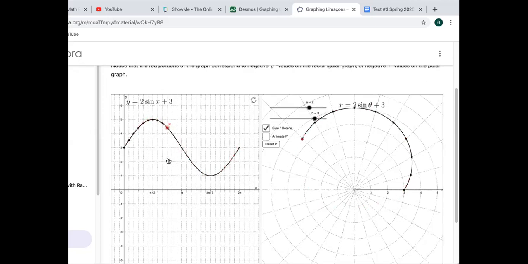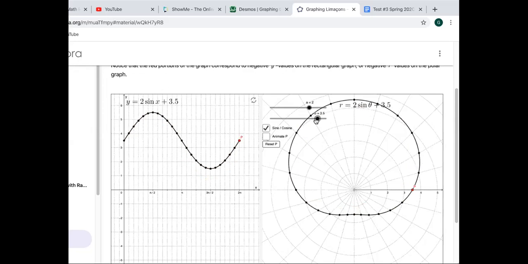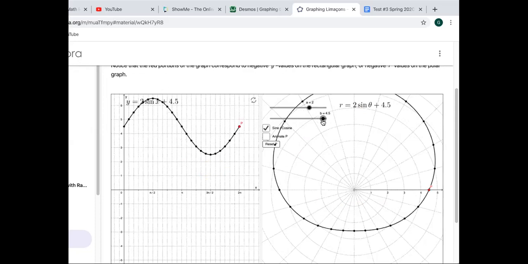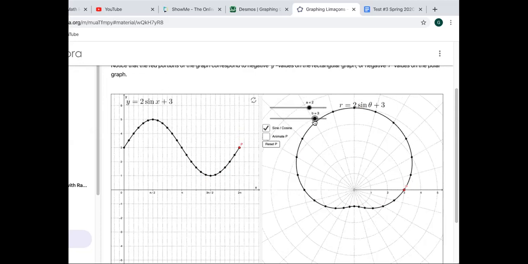It's kind of like a circle or ellipse or something. And if I change this b value to be bigger, it becomes more like a circle, less dimpled, but it still is officially a dimpled limaçon.